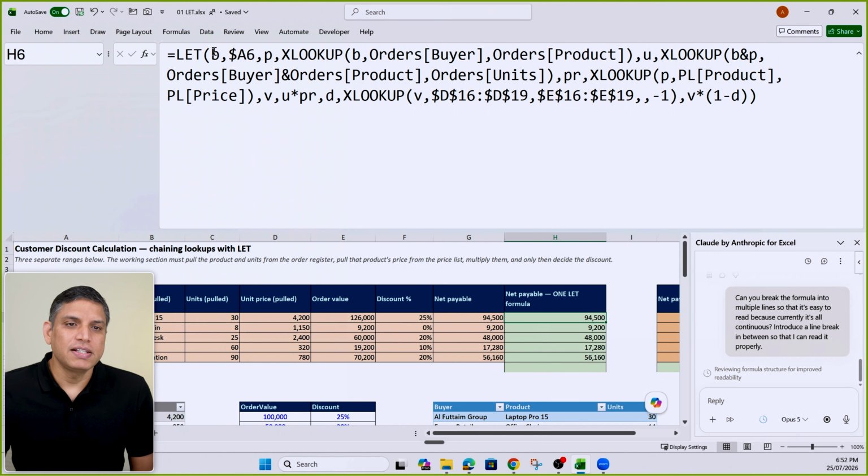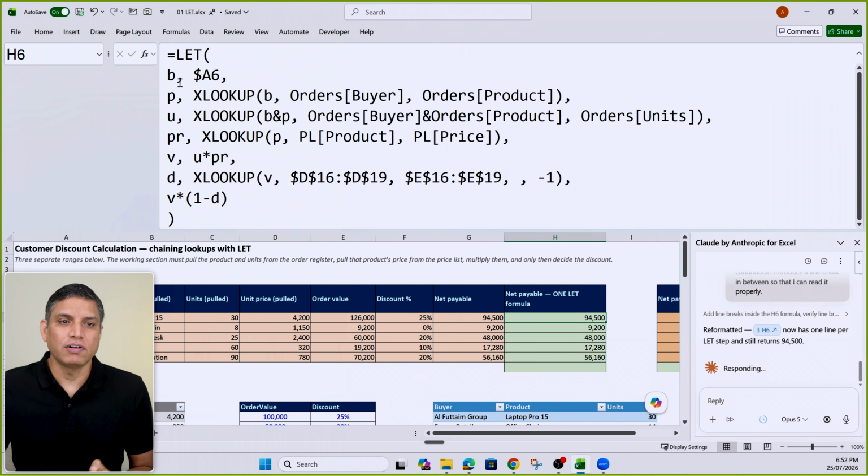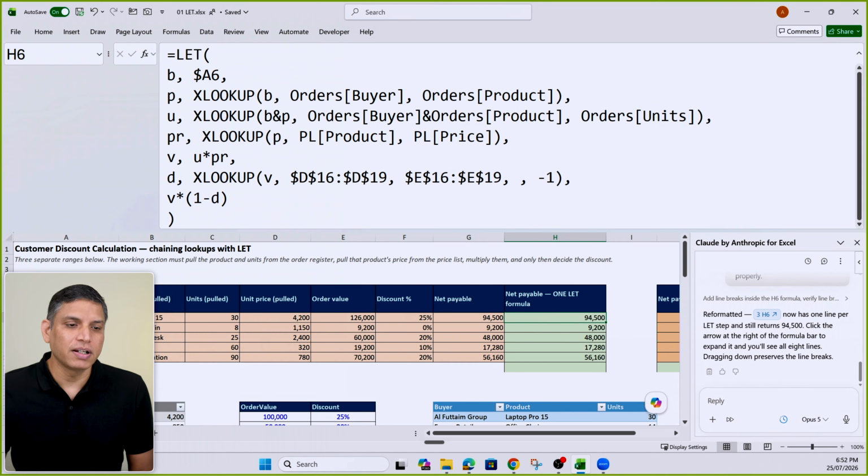So B, what is B? Okay, it has picked the buyer also. So initially what I was thinking, it is doing that. It is picking the buyer as one of the variables so that it doesn't need to refer to A again and again. So buyer, then the product, then here it is calculating the units purchased.